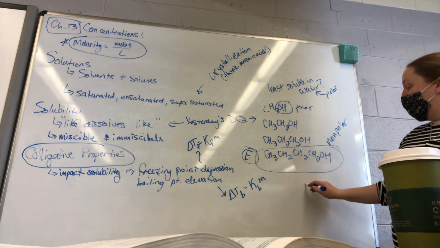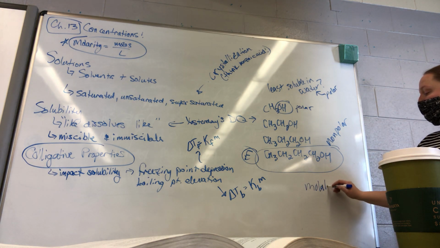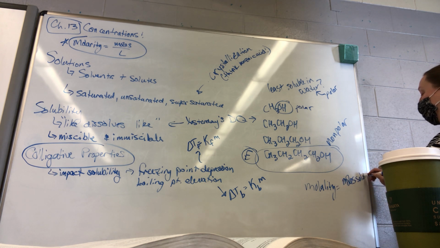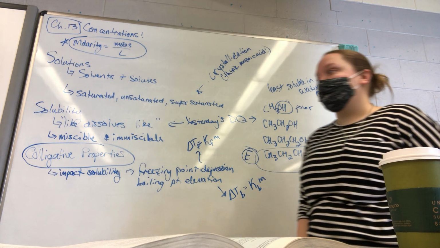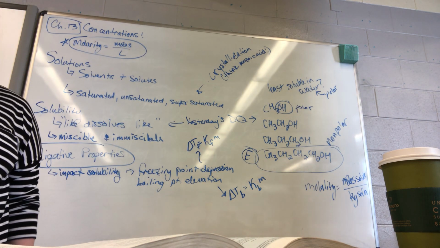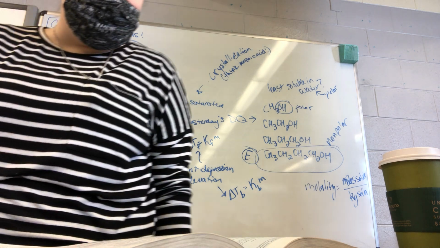Little moles. Moles of solute over kilograms of solution. So the whole solution's mass. Just because molarity is the most popular doesn't mean that molality didn't have its own place.